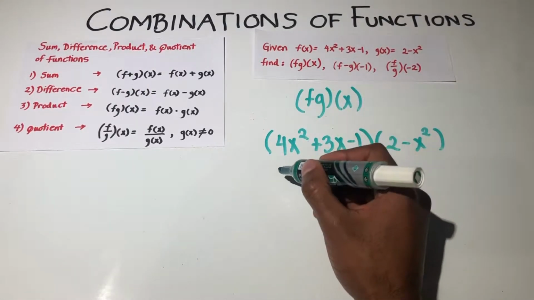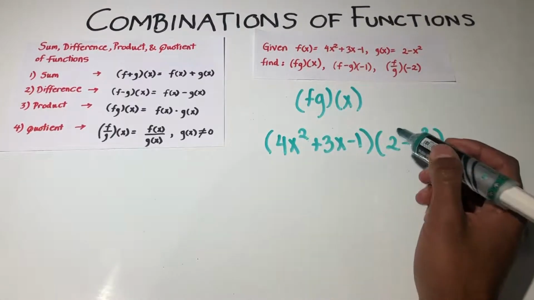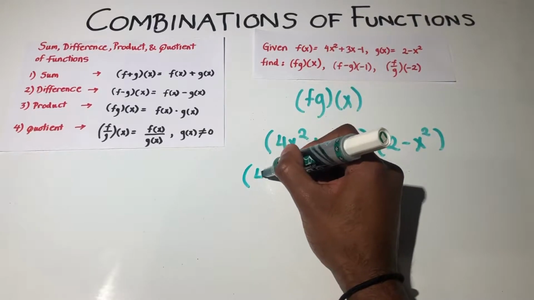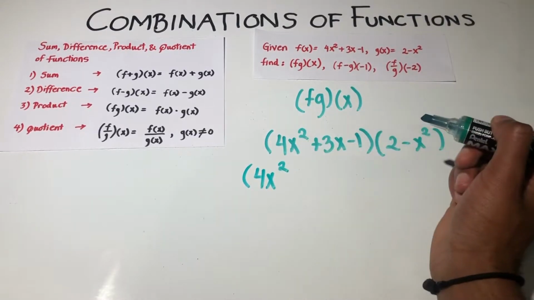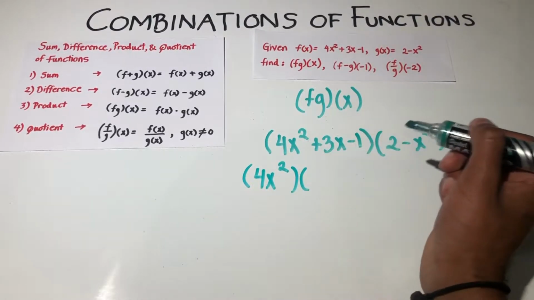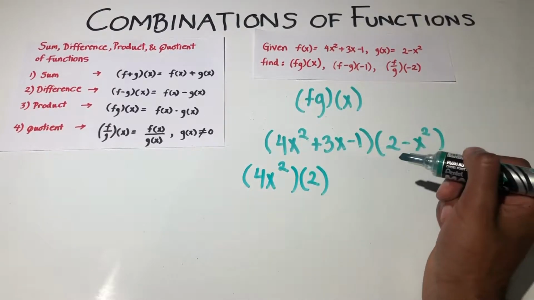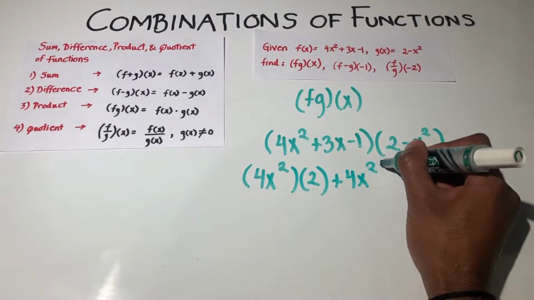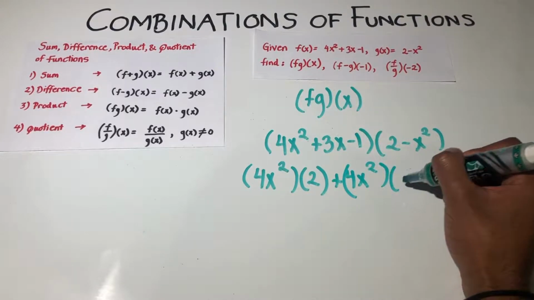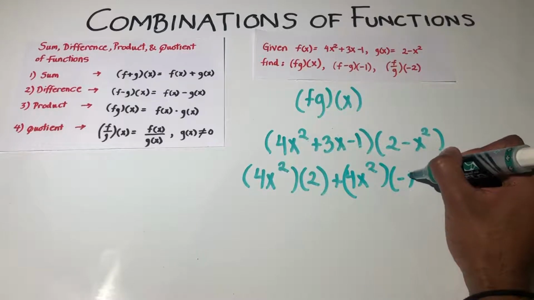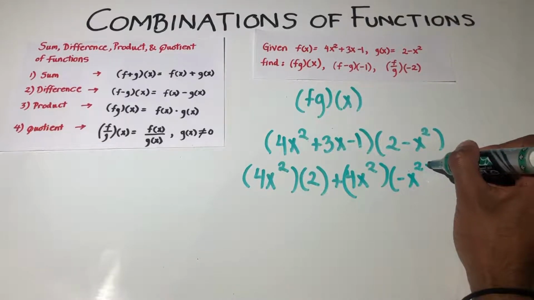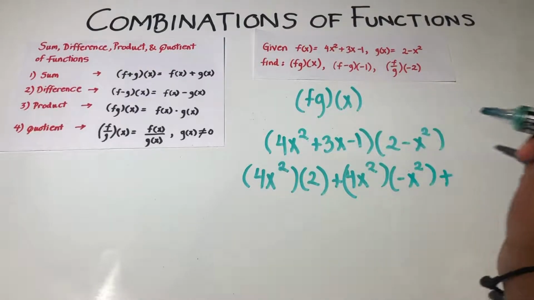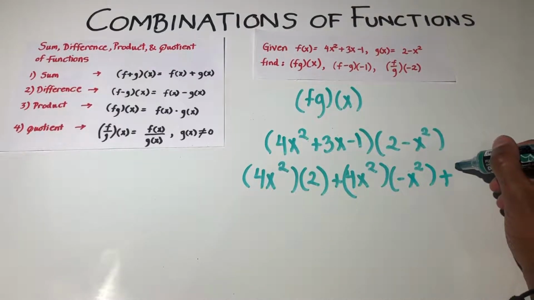We're going to get, so 4x squared times, actually I'm going to go ahead and write that out. 4x squared times 2 plus 4x squared times minus x squared plus 3x.